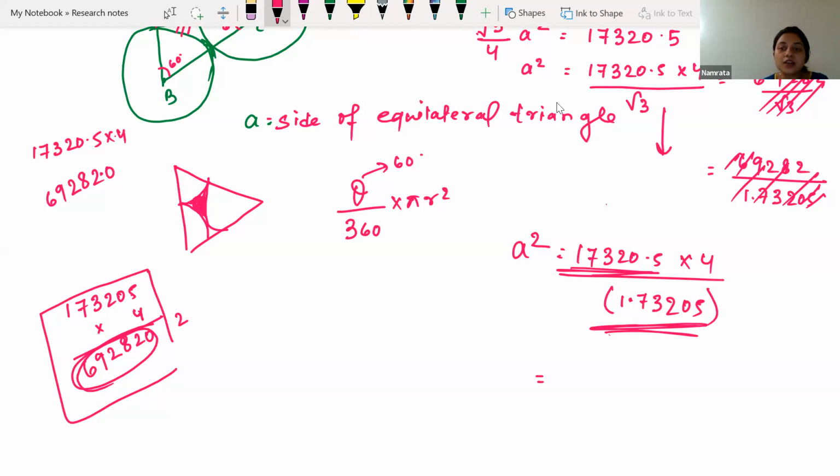So how many places are there? 1 2 3 4 5. Just a moment. Okay, just do this calculation and let me know what exactly you are getting.